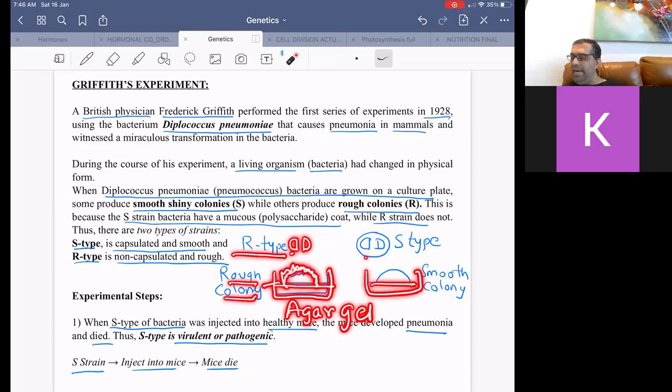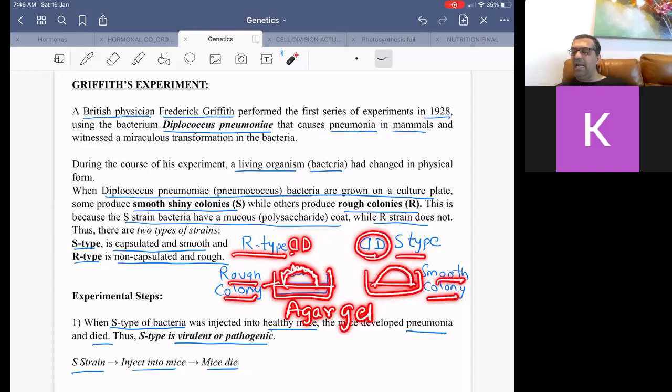And the capsulated smooth variety, when cultivated on agar, formed a smooth colony and hence was called the S-type bacteria. So R-type is non-capsulated and forms a rough colony. S-type is capsulated and produces a smooth colony.